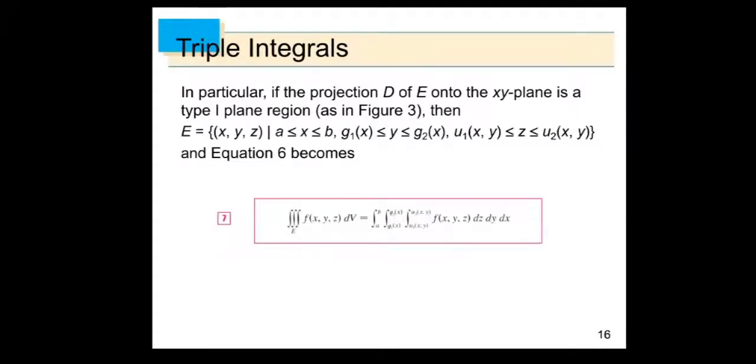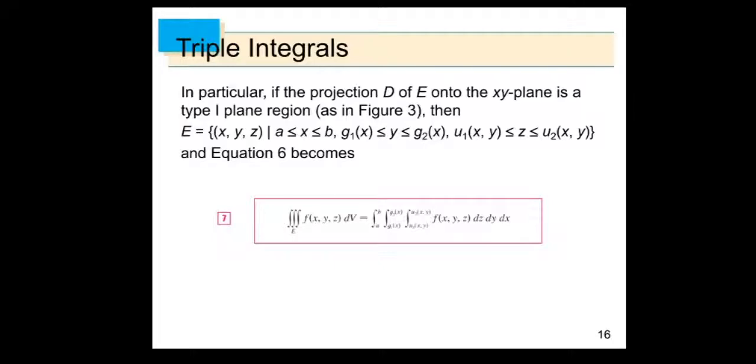In particular, if the projection, so what do we have in addition? We will have one more thing, that is our E would have x, y, z, three components again, right?